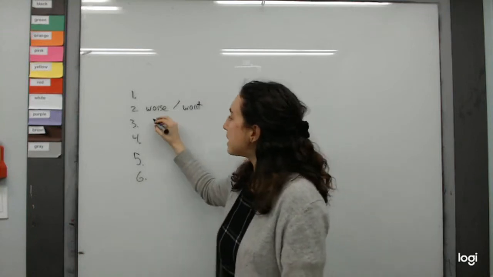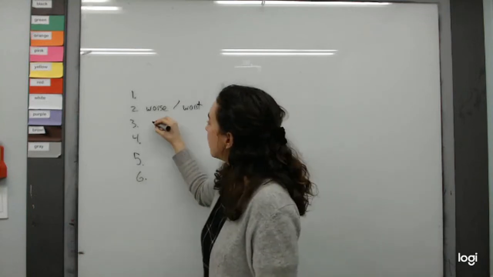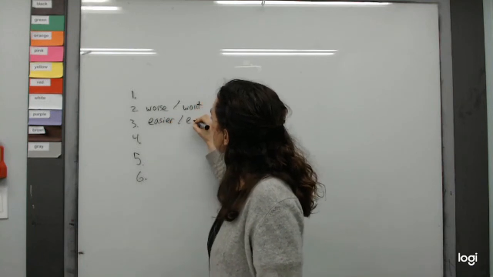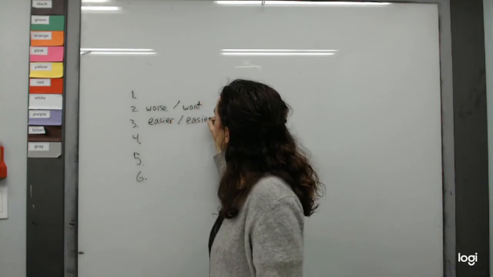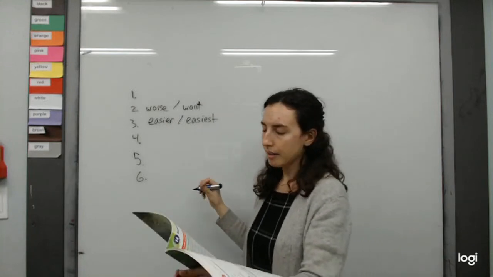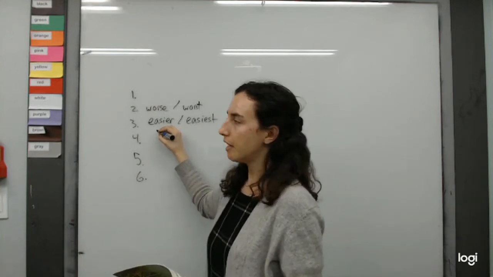Easy becomes easier and easiest. Don't forget the spelling change, why it becomes I. Safe becomes safer and safest.